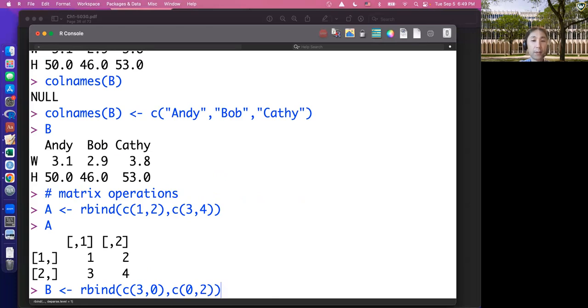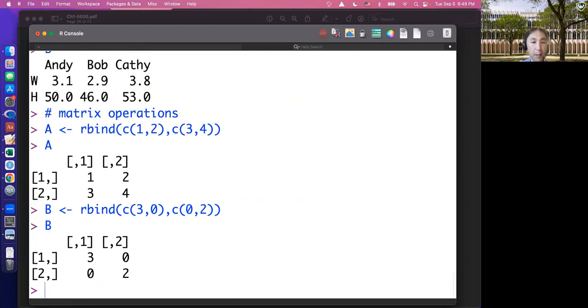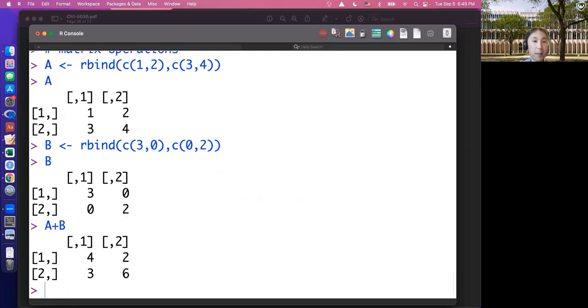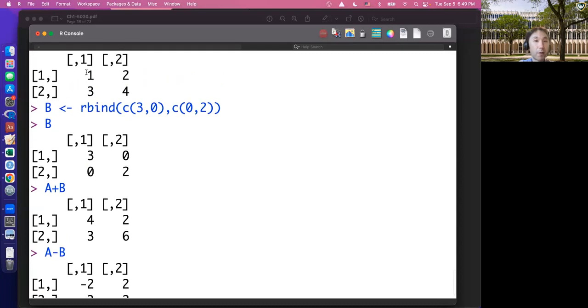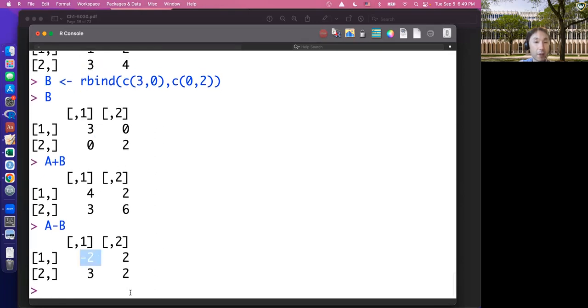So the first row is 3 and 0, and the second row is 0 and 2. So you can calculate, for example, A plus B, addition. This is component-wise addition. 1 plus 3 is 4, 2 plus 0 is 2, and 4 plus 2 is 6. So this is addition. And A minus B in the same way. Component-wise, for example, 1 minus 3 is -2. So A minus B is this.